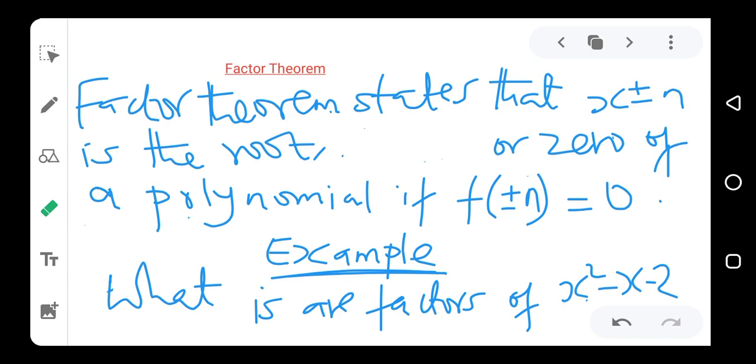That means that when we put the value into the function f of x, we are going to get 0.